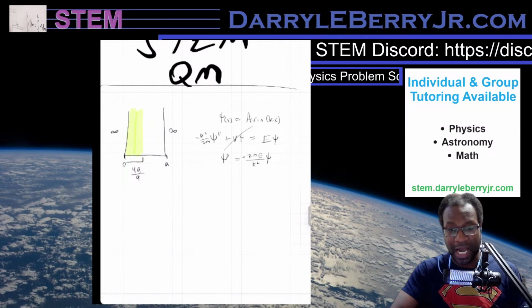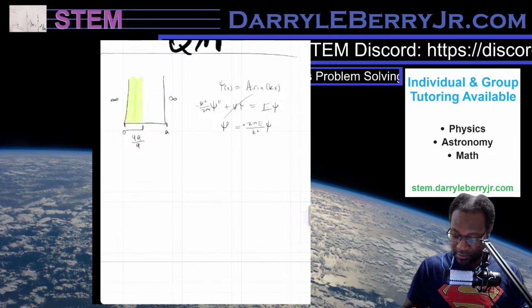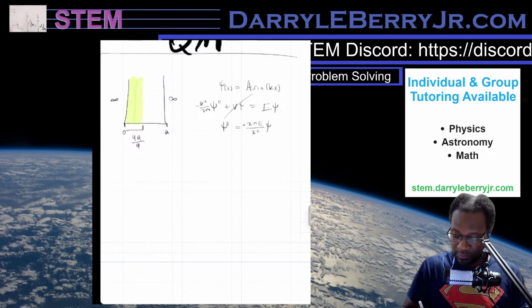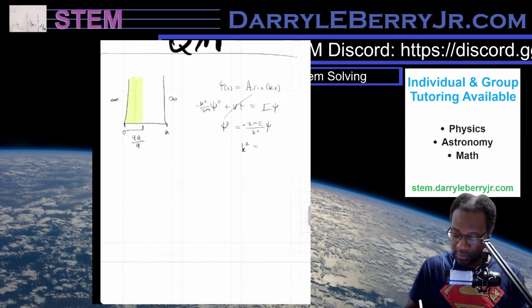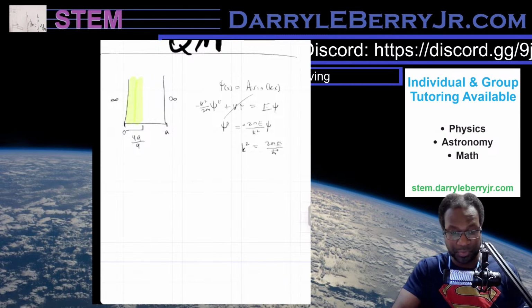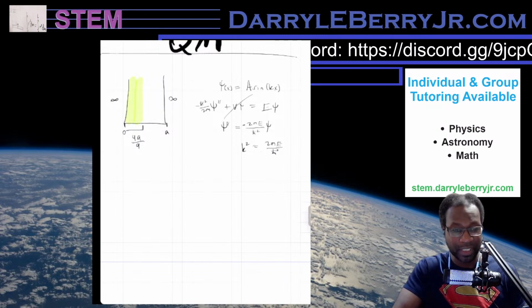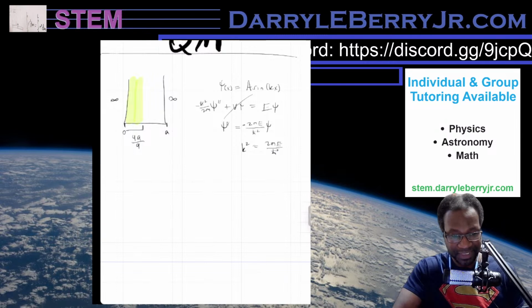So that'll end up being our coefficient on the side. So basically we would call this k squared equals 2mE over h bar squared. That'll be pretty much the default wave number, you can say.